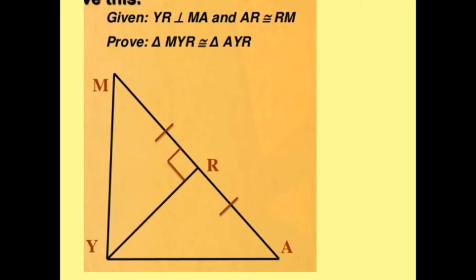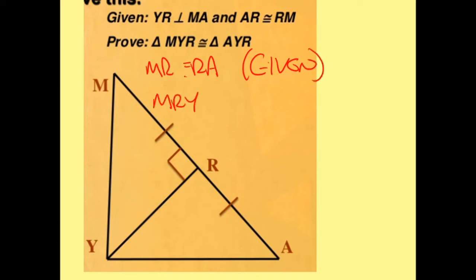Okay, so I need to prove that MYR is congruent to AYR. Right, so I would say that MR equals RA is given. I'll then say that MRY has got to equal YRA.